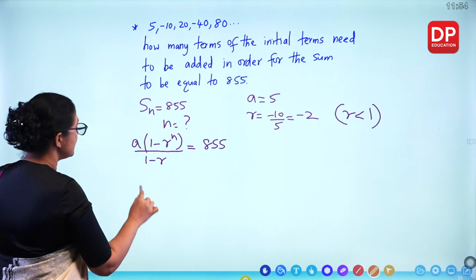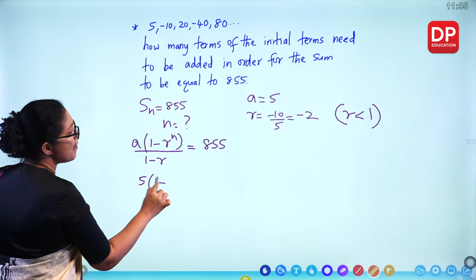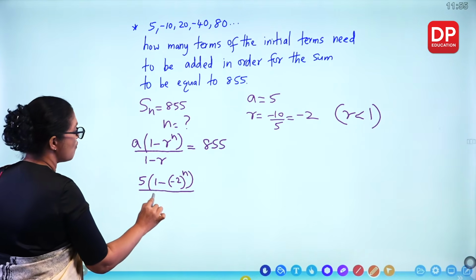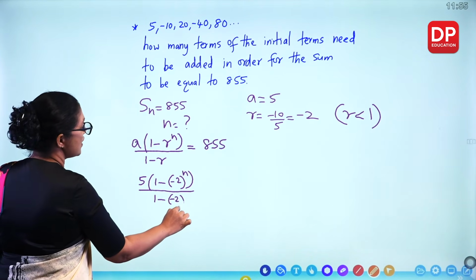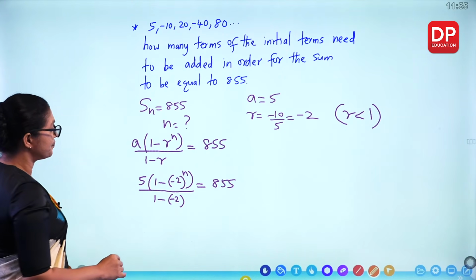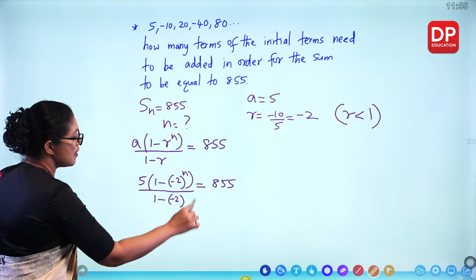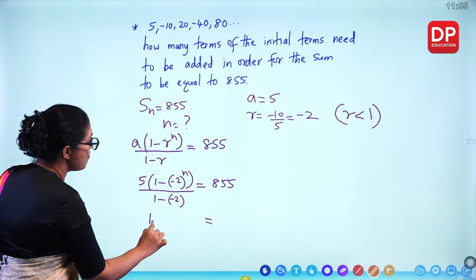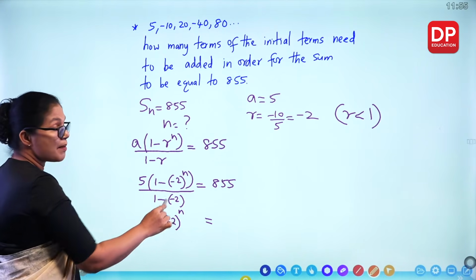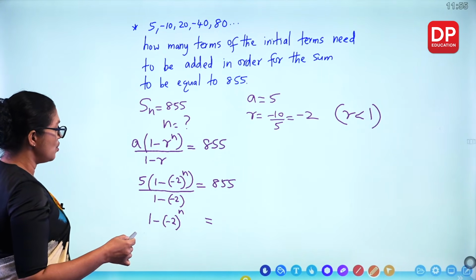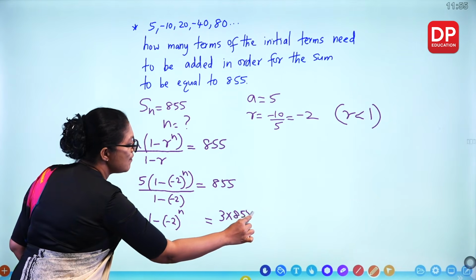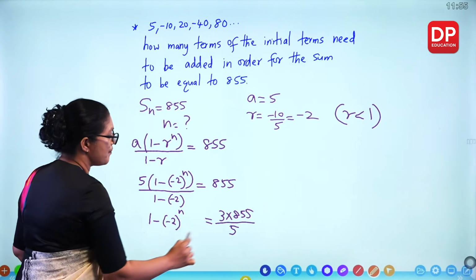Now substitute the values. 5 times 1 minus minus 2 to the power n over 1 minus minus 2 is equal to 855. 1 minus minus 2 is plus 2, that's 3. 3 times 855, divide this by 5.